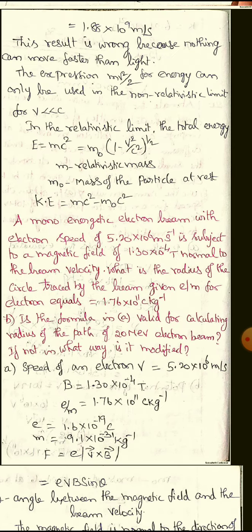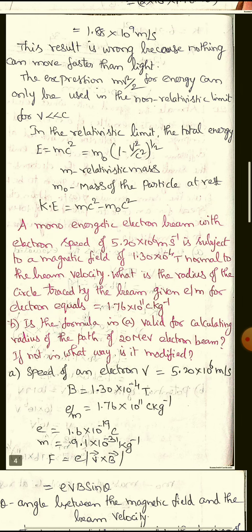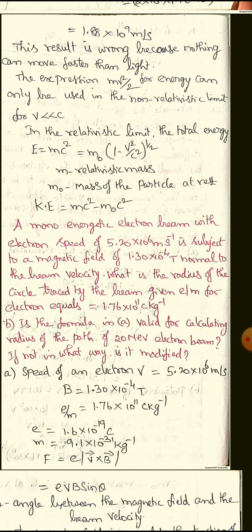So this result is wrong because nothing can be faster than light. The expression mv squared by 2 for energy can only be used in the non-relativistic limit, for v very much smaller than c.